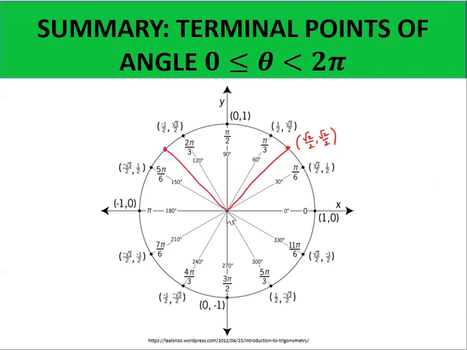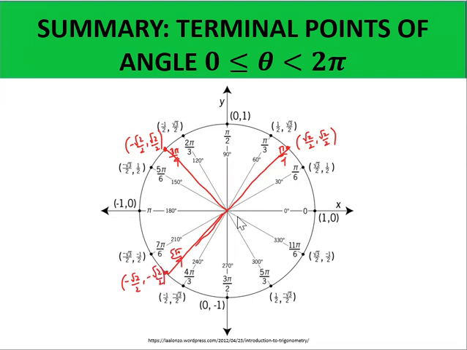that will be the angle 3 pi over 4. This one is pi over 4. So 3 pi over 4 will have the terminal point of negative square root of 2 over 2, comma, positive square root of 2 over 2. And then in the third quadrant, the angle 5 pi over 4 will have the terminal point negative square root of 2 over 2, comma, negative square root of 2 over 2.